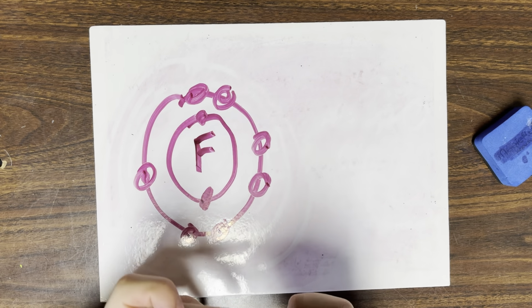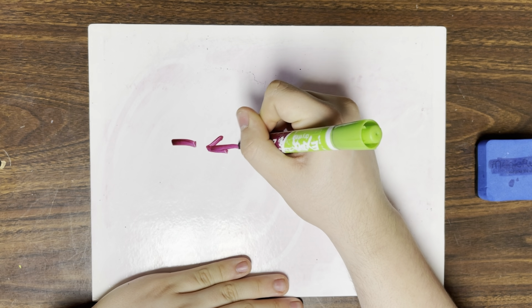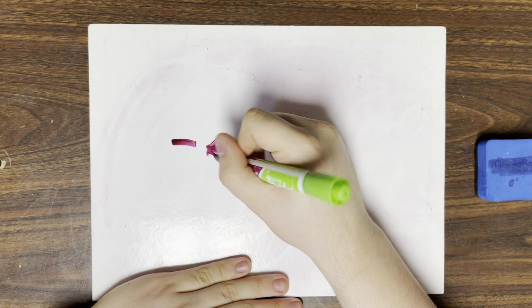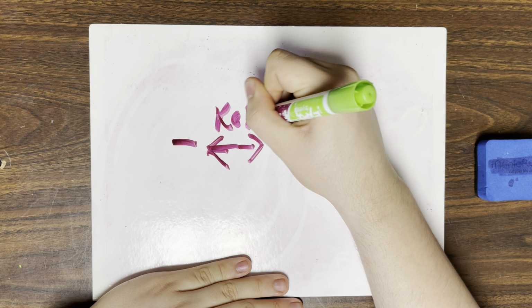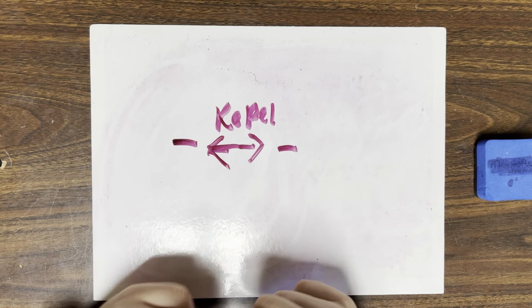Also, an element like iodine can't take an electron from another atom as easily because the charge of the electrons in its outer shell will repel the other atom's electrons, making it a lot harder to steal electrons. They repel each other.